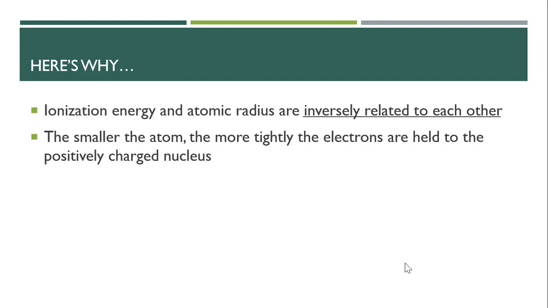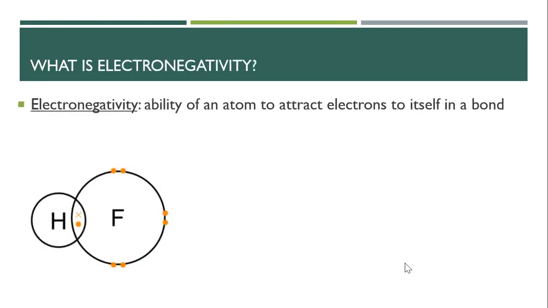The next property is very much associated with bonding, actually ionization energy is too, but when you're talking about a real bond, electronegativity is the ability, or the unequal amount of sharing, of the electrons that are shared between the two atoms. So here's a hydrogen fluorine molecule, and hydrogen fluoride is the name of the molecule.